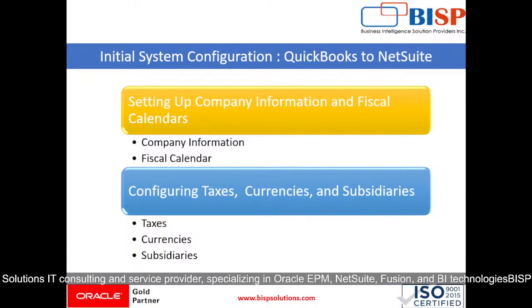After that, all the data or transactions which are going to happen in the next year can continue from that particular year. So this is what initial system configuration of QuickBooks to NetSuite means.